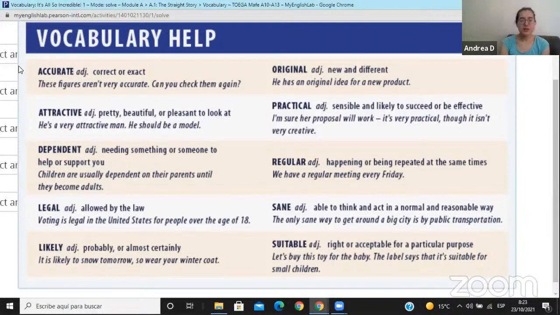That means that's so true, it's so precise, it's right the way it is. In physics, you have the term accuracy, which means how precise something is. If your result is supposed to be 0.001 and it is exactly that, it's accurate. These figures aren't very accurate. Can you check them again? So yes, preciso.